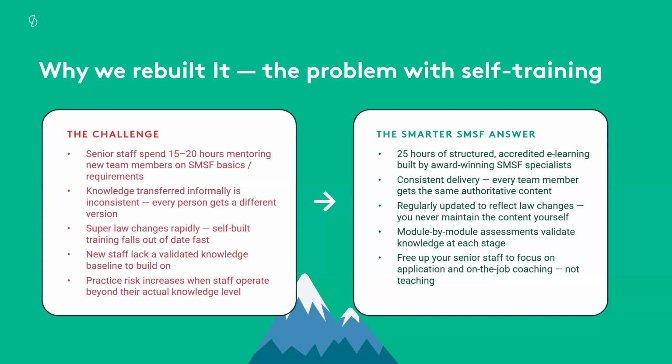So every team member ultimately gets the same authoritative content and ensures that their understanding and accuracy of that is sound as well. Now, we also know that superannuation is changing at a significantly rapid rate. So what this change to the course that we've done, and you'll see it in the design, allows us to move much quicker as law changes happen.